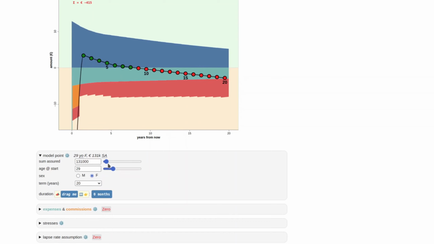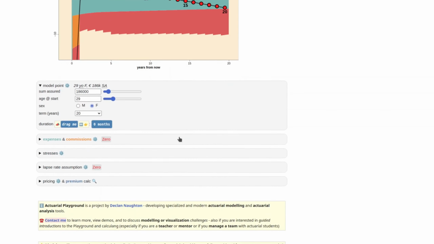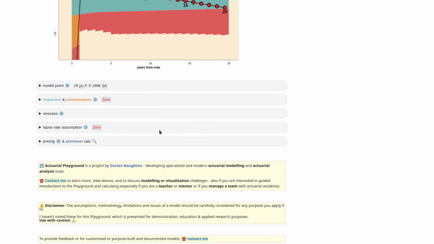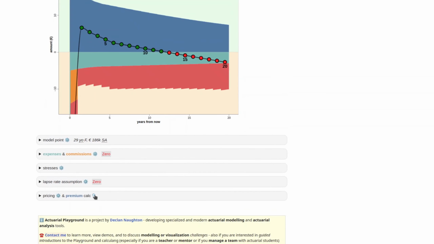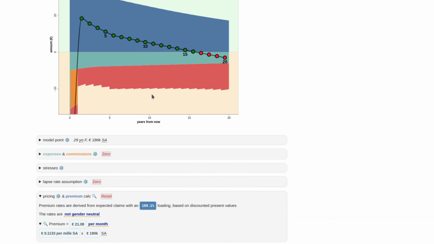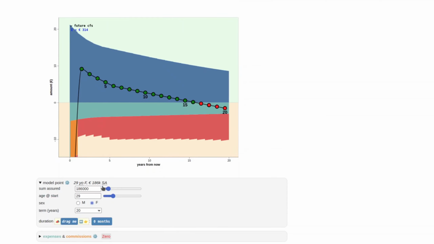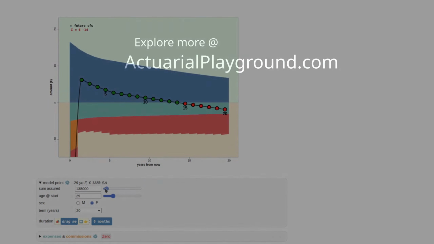Even worse for females. So this is a cross-subsidy effect without having a higher loading or a different pricing rule. At some points, some model points are not profitable.